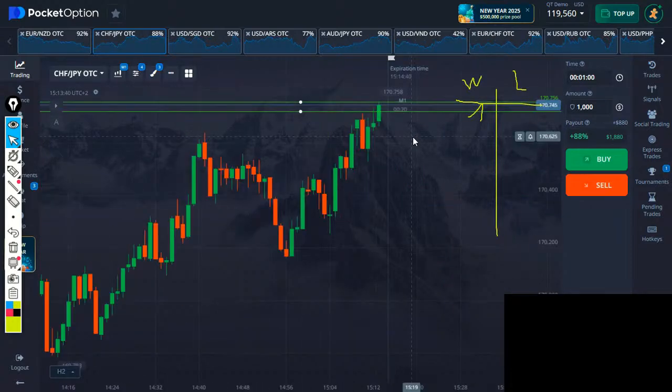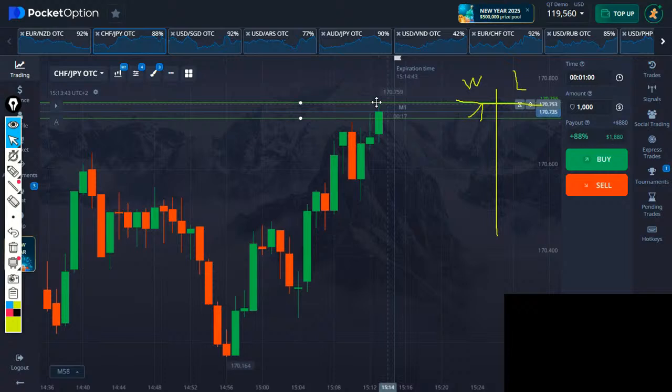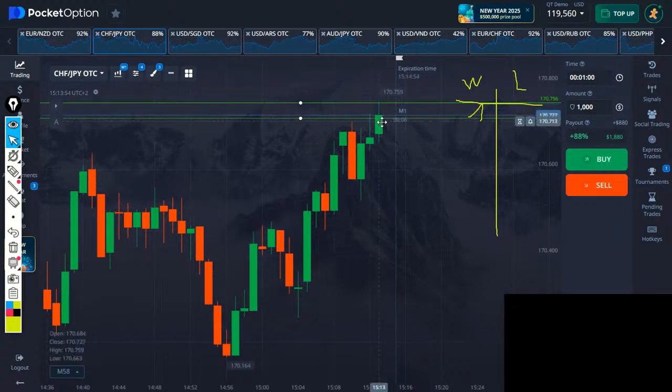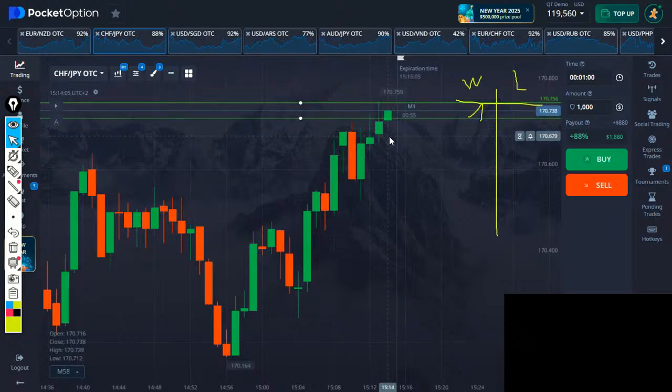If we took a 1 minute rejection trade from this line, or 2 minutes from this line, the 1 minute is going to be winning, beautifully rejecting. So you have a 1 minute winning trade, and if you took it for 2 minutes, let's wait. It rejected exactly at the point that we marked.